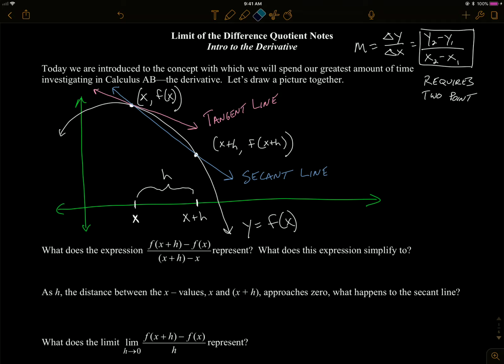And really the idea here is that while we can't find the tangent line, our goal is we want the slope of the tangent line. We're instead going to find the slope of the secant line and use that as an approximate slope for the tangent line. You agree that those slopes are somewhat close to each other. The slope of that tangent line there is negative, right?